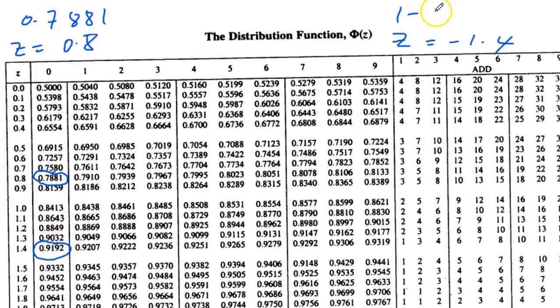So it's 1 minus 0.9192, and 1 minus 0.9192 is 0.0808. So 0.7881 minus 0.0808.